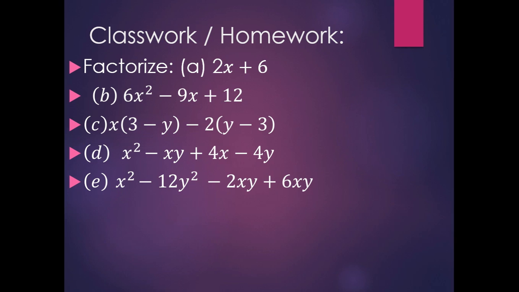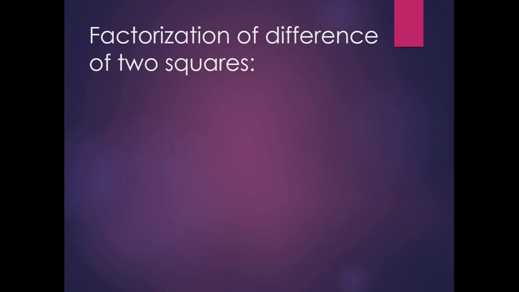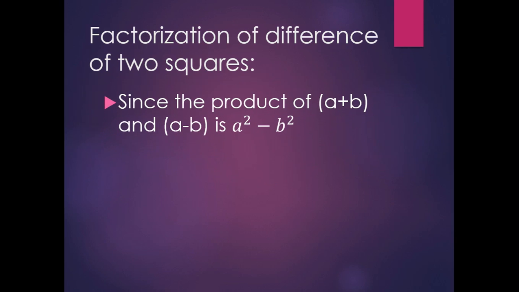And now factorization of the difference of two squares. The product of a plus b and a minus b is a square minus b square. Product means if you multiply a plus b and a minus b, you will get a square minus b square.